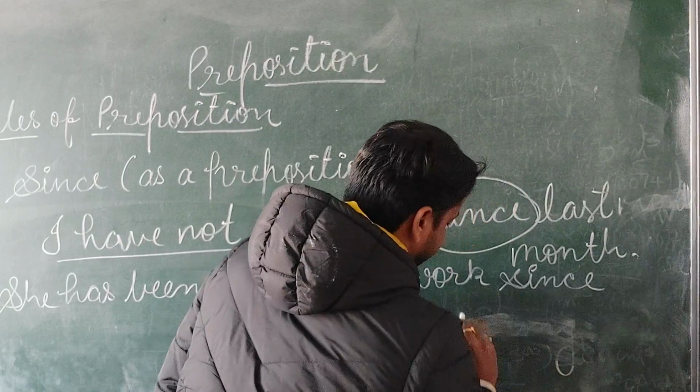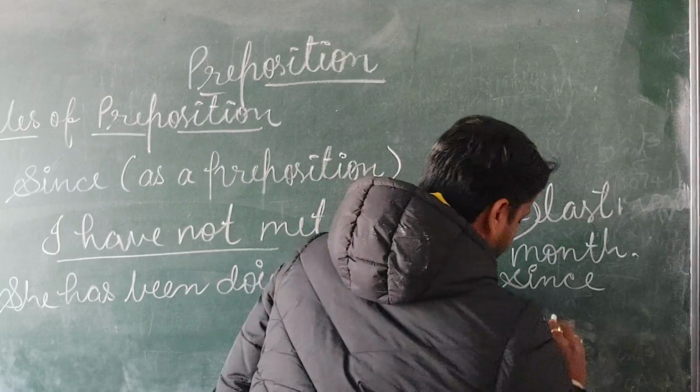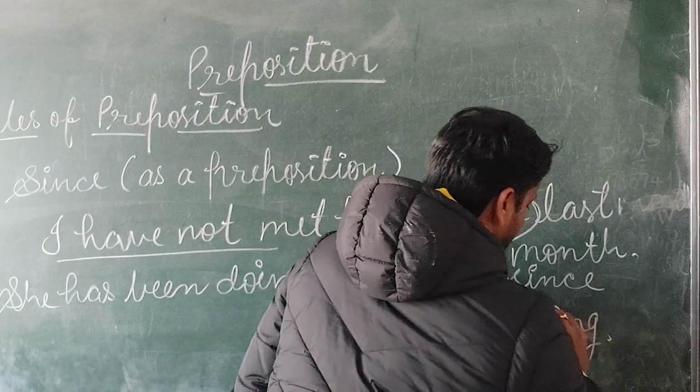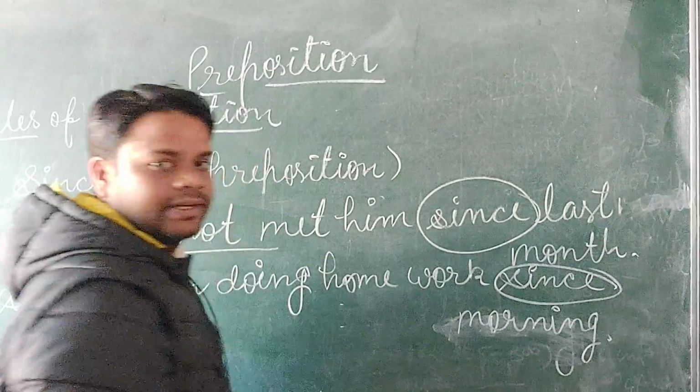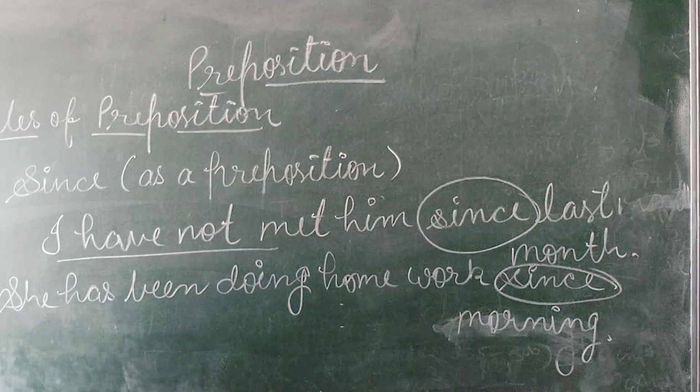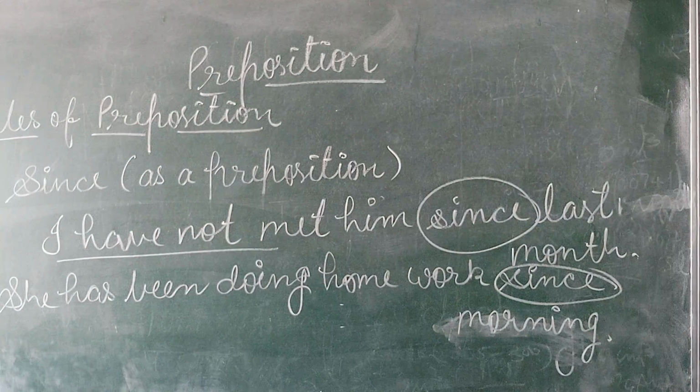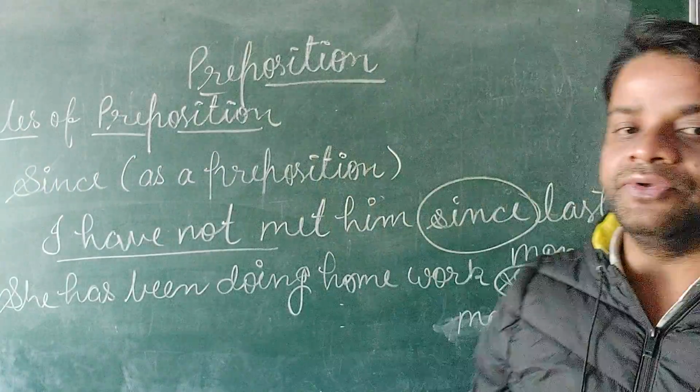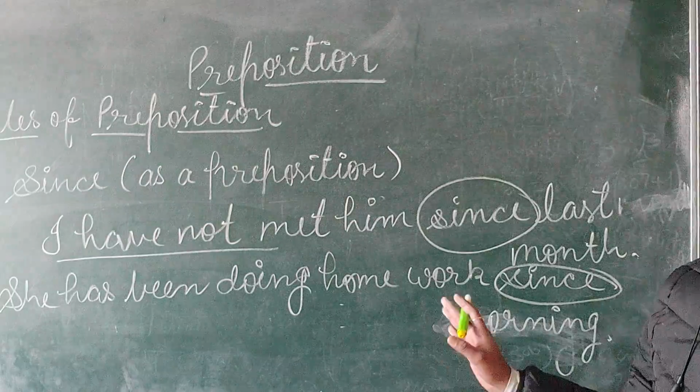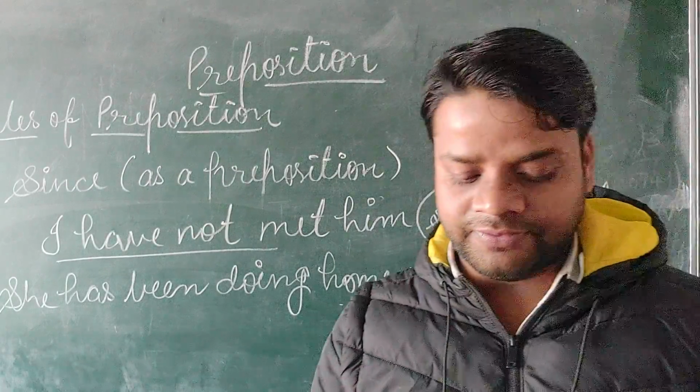Since morning. So again since is here, that is the preposition. Now this is the use of since as a preposition in a sentence. Now you can write this example in your rough copy.